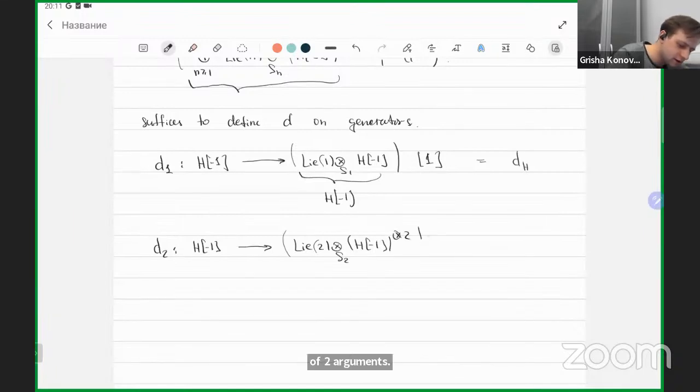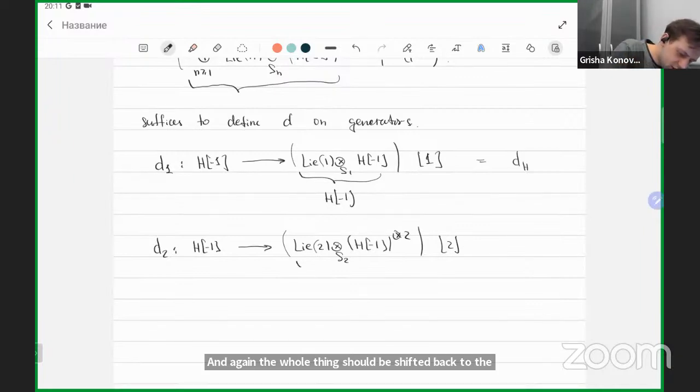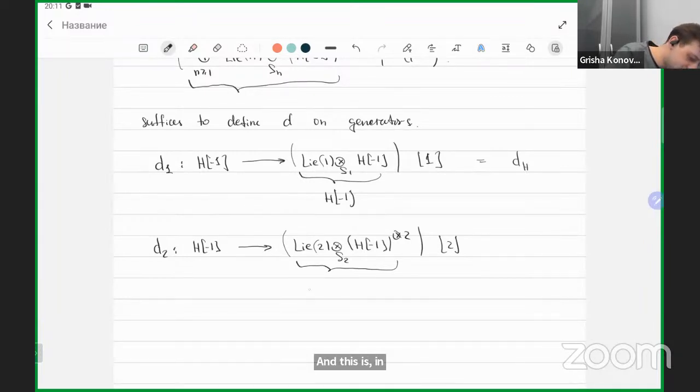And again, the whole thing should be shifted by 2 to the left. And this is in fact just the sim2 of h shifted by -2.